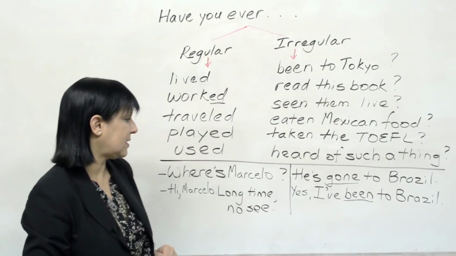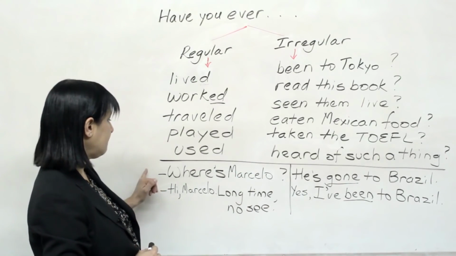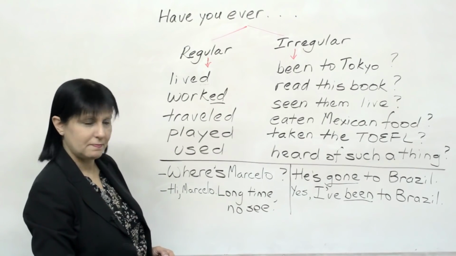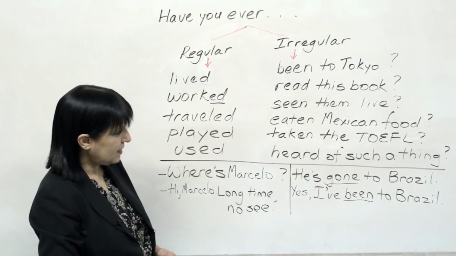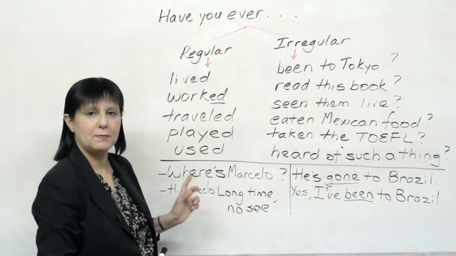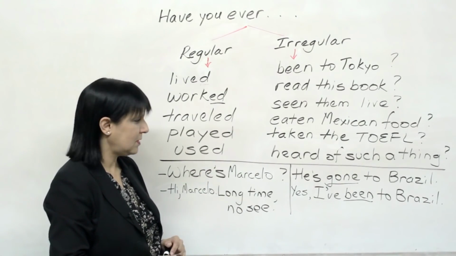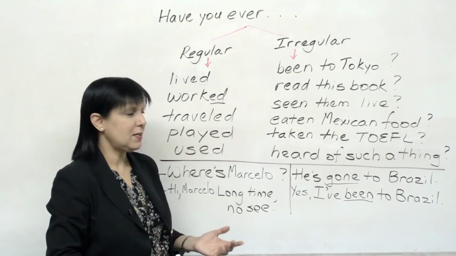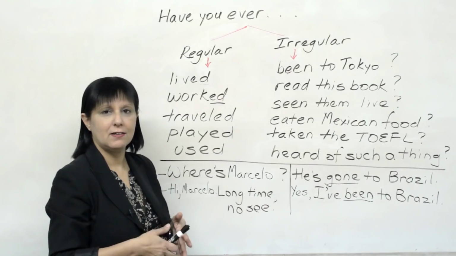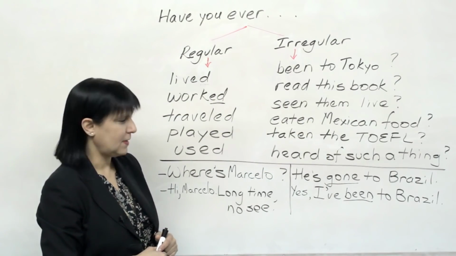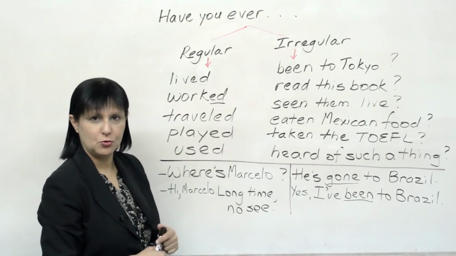So let's learn what that difference is. It's really easy. So let's look at this example, right? Where's Marcelo? We could say, he's gone to Brazil. So in this example, where somebody is asking, where's Marcelo? And somebody is answering, he's gone to Brazil, we know that Marcelo is not here. Marcelo is in Brazil, right? Because he's gone to Brazil.